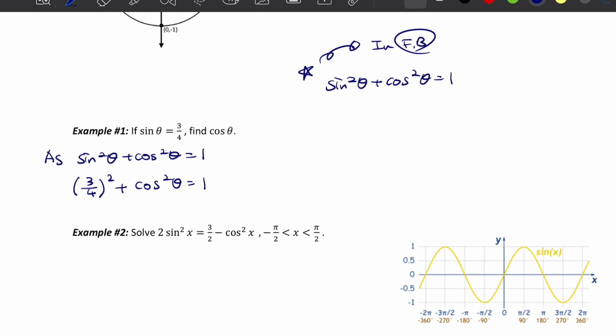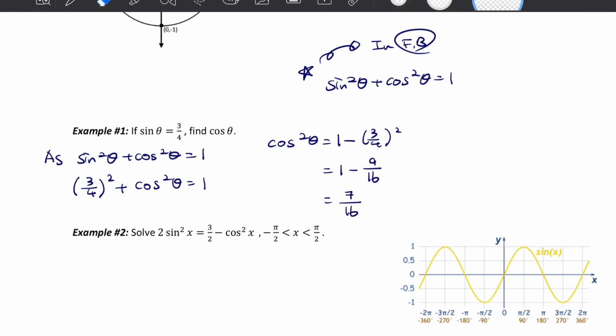Then cosine squared theta equals 1 minus 3 over 4 squared, which is equal to 1 minus 9 over 16, and this is equal to 7 over 16.